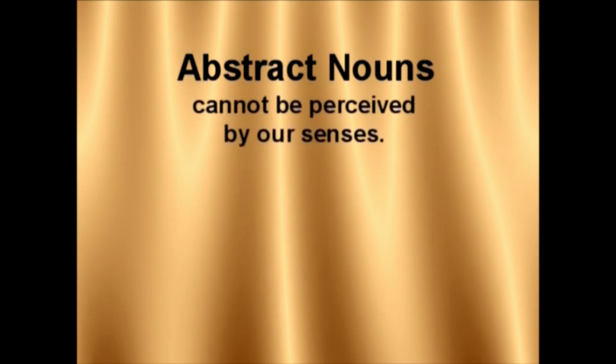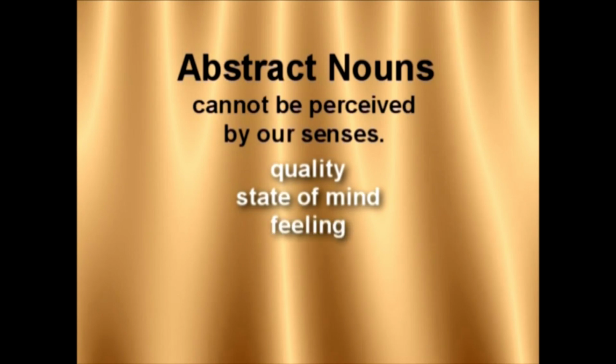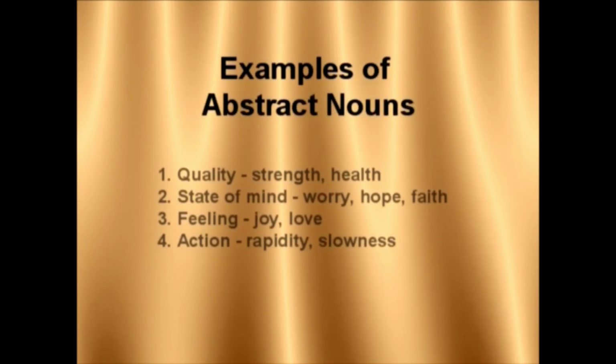Unlike concrete nouns, abstract nouns cannot be perceived by our senses. Abstract nouns name a quality, a state of mind, a feeling, or an action. For example, quality could be strength and health. State of mind could be worry, hope, faith.